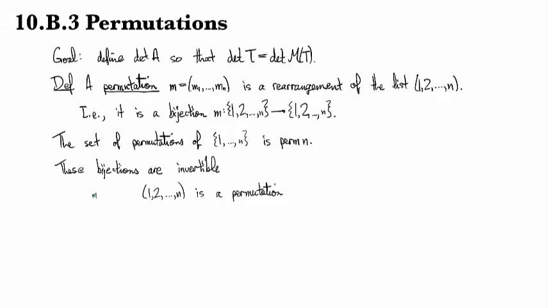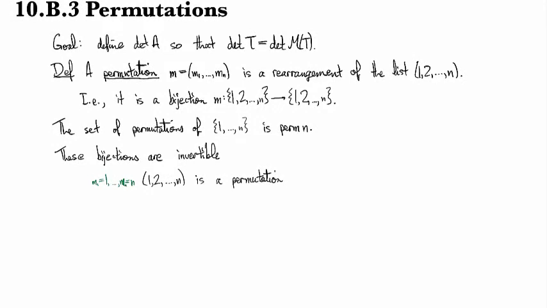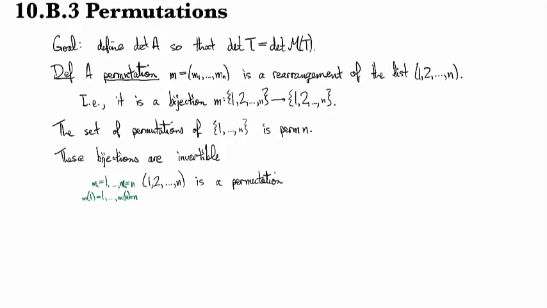It's saying that M1 is equal to 1, M2 is equal to 2, Mn is equal to n. Or if you want to think of it even more as a permutation, M of 1 is equal to 1, M of n is equal to n. So this is the identity permutation.